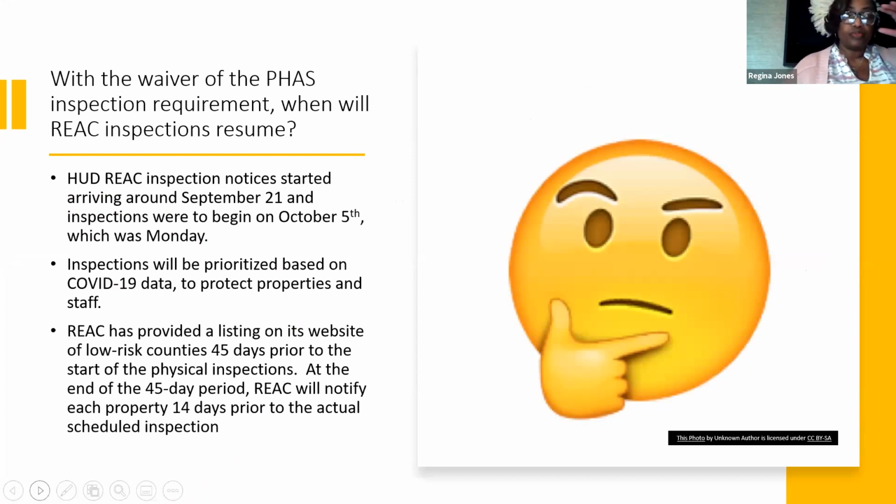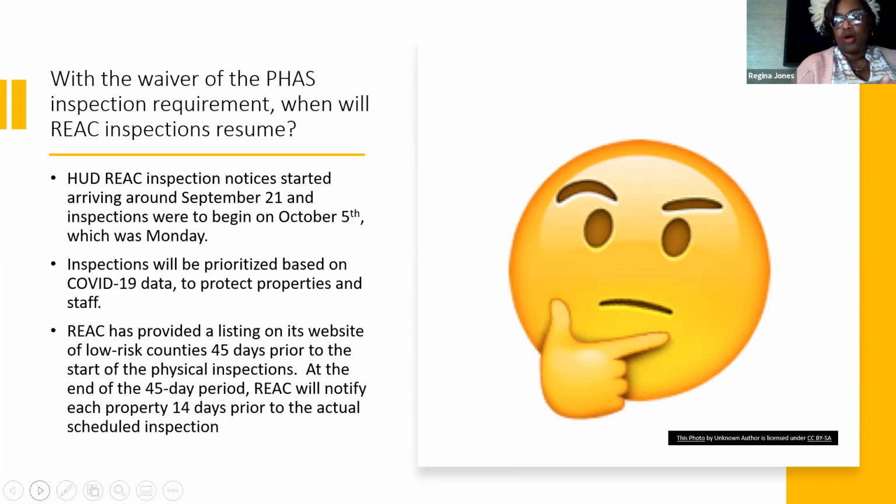With the waiver of the PHAS inspection requirement, questions have come out, when will REAC inspections resume? Well, some of you may have gotten this already. I think starting around September 21st, inspections were to begin. Inspection notices, I believe, were to go out on October 5th, which was Monday.